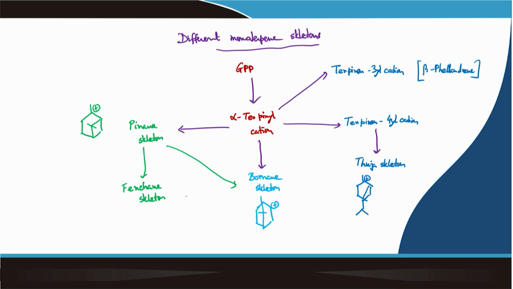Okay. So, this is in general the different monoterpene skeletons formed from alpha terpenyl cation. Now I will give you some examples. Okay. So, let us go to the next slide.